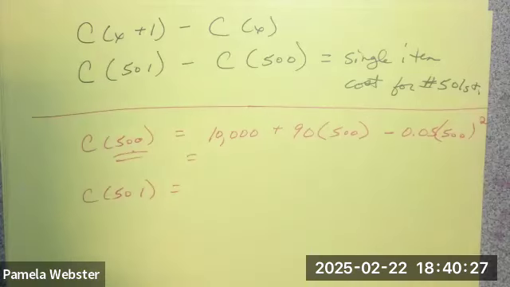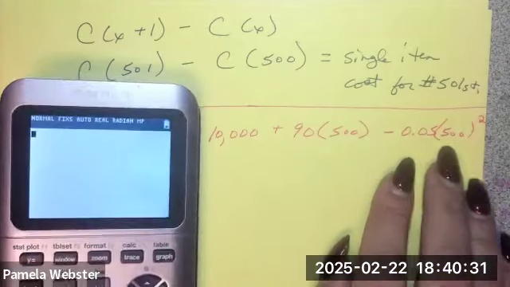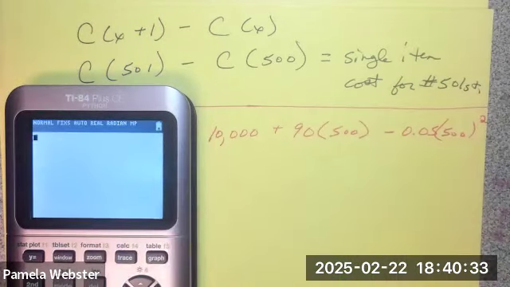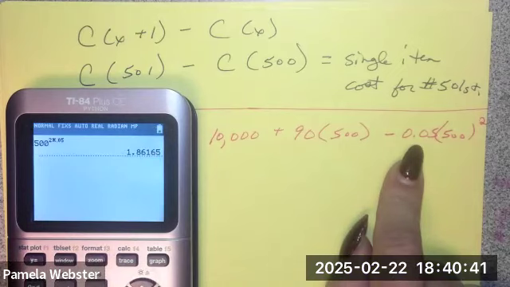I'm going to do some of this on my calculator. I'm going to start at the back, 500 squared times 0.05.